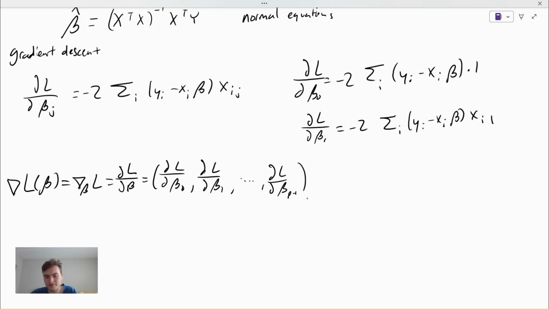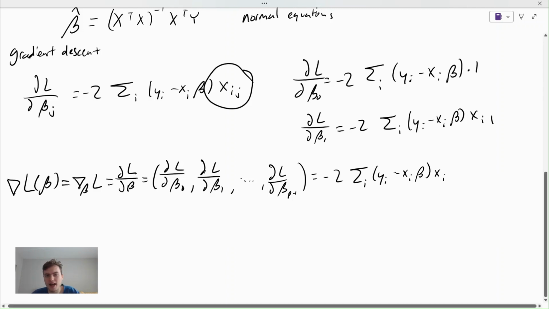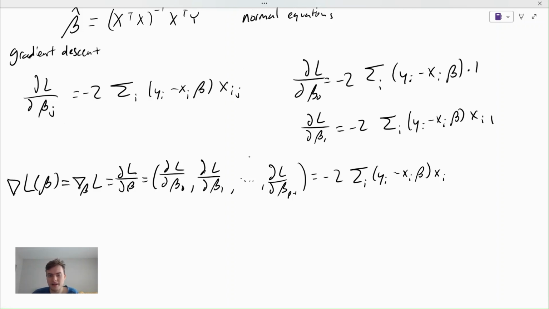And p minus 1 is our last beta. And so we have negative 2 sum over i of (yi minus xi beta) xi. So here we were indexing it at j to get the jth beta. Now, no index j because we want the entire row, not just a single value. Writing it this way, we get a row vector. And as I've written it here, we're putting all these in a row.